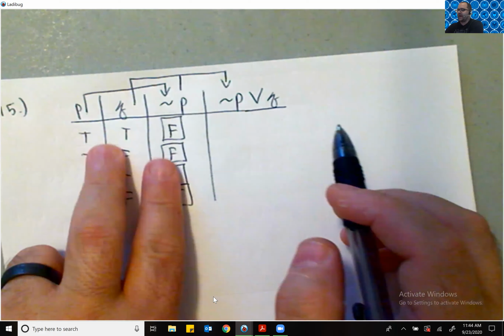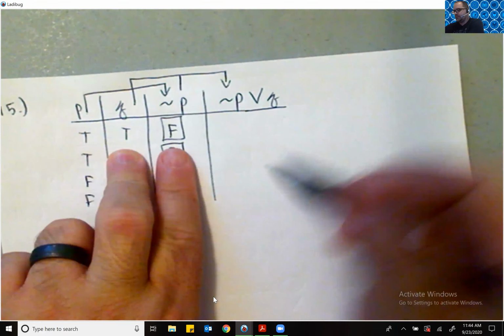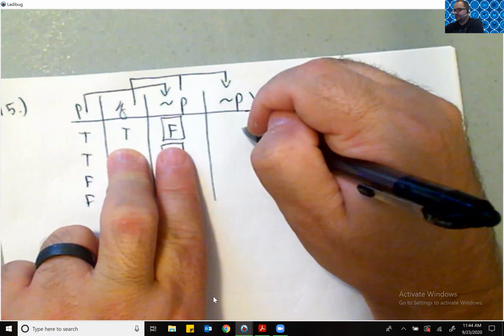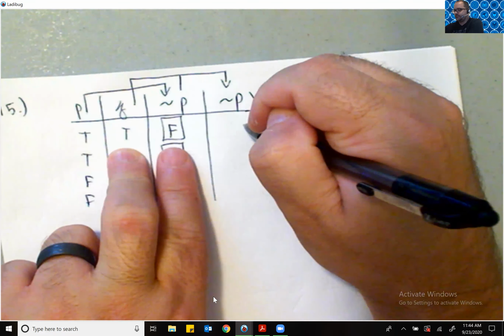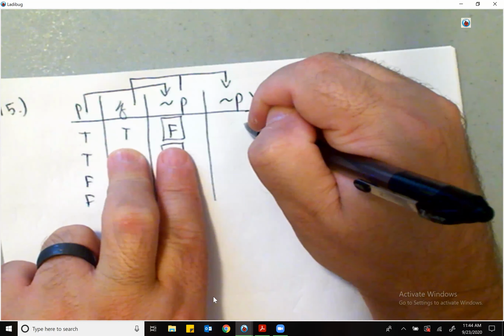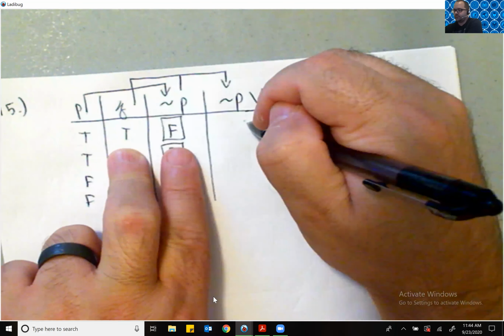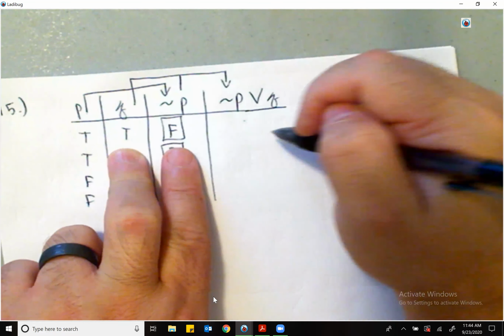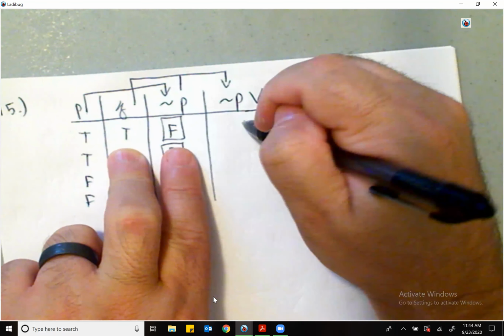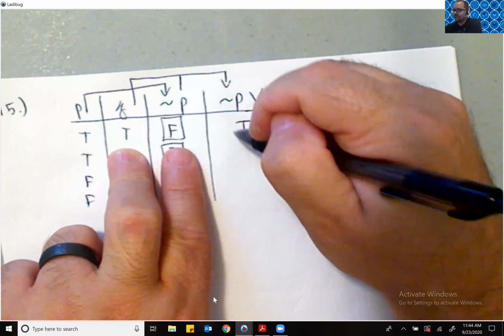So I've got true, false. True, false is what, according to the OR? True. Because it's only false when both are false.